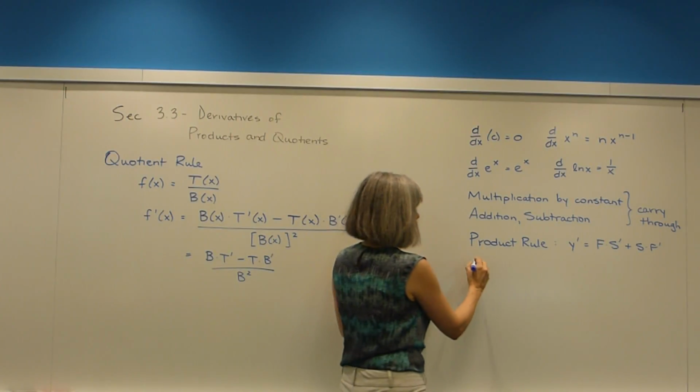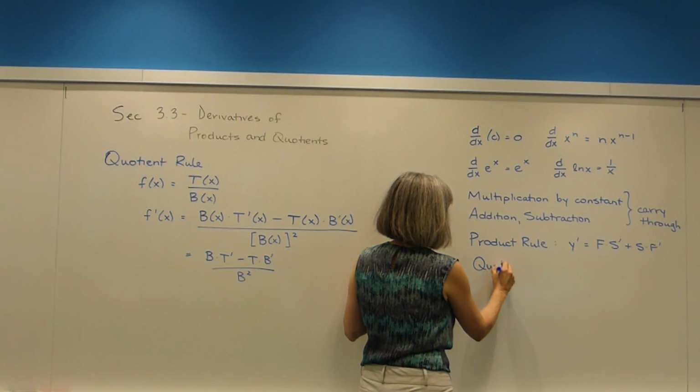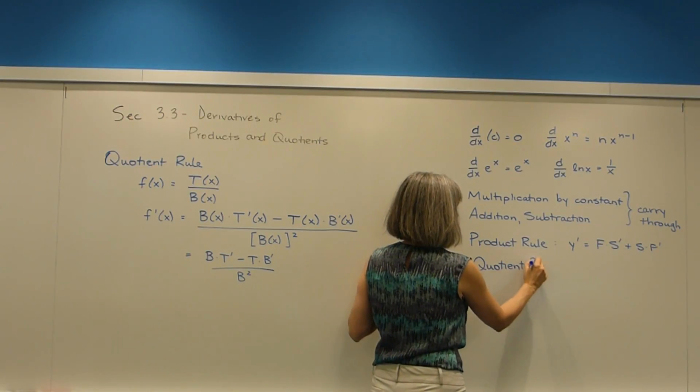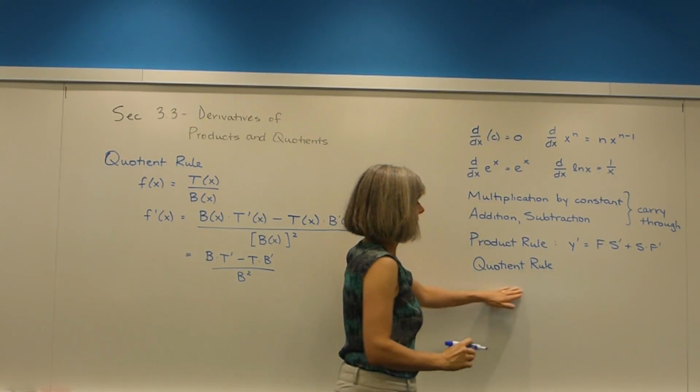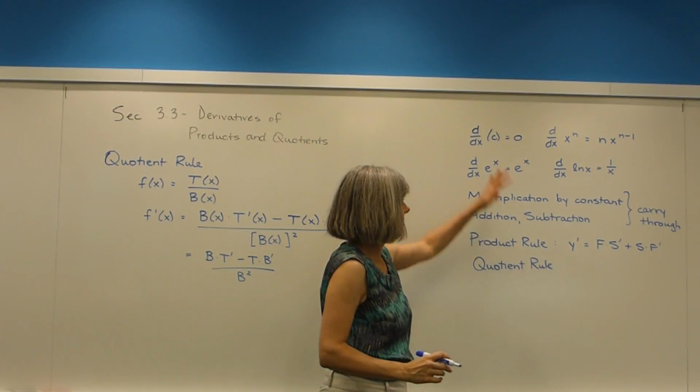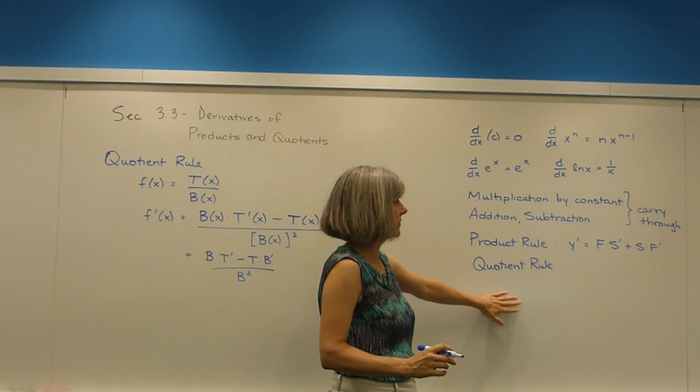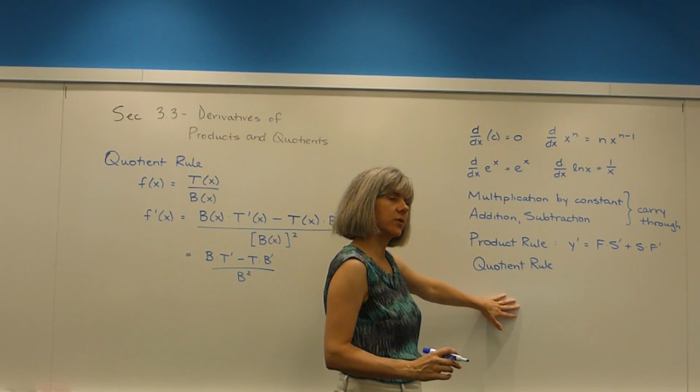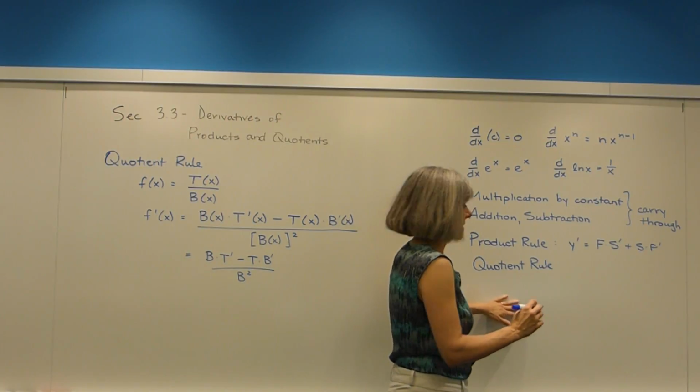Let's come over here and write down our quotient rule. You will be happy to know there's only one more that we're going to add down here, and then we will have our completed list of derivatives. Is that true? Yes.